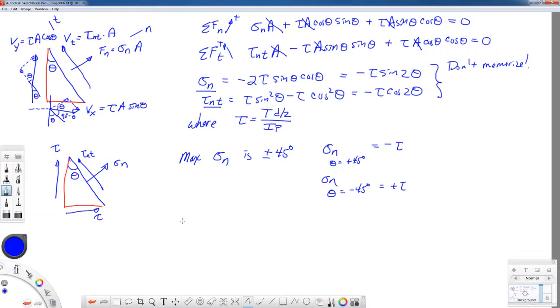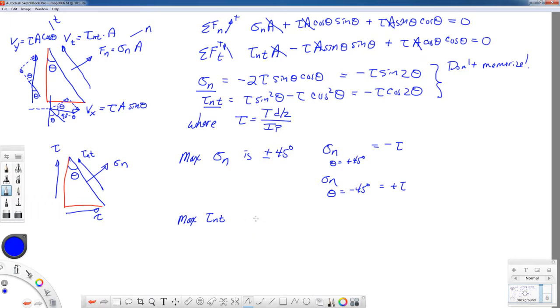Well, let's now think about the maximum shearing stress. What makes this cosine 2 theta equal to 1? Well, 0 degrees or 90 degrees will drive the cosine to its extremes. If I take the angle 0 degrees, cosine of 0 is 1, I get the value of minus tau. Now remember, when we drew our block, we had the arrow going down on the right side.